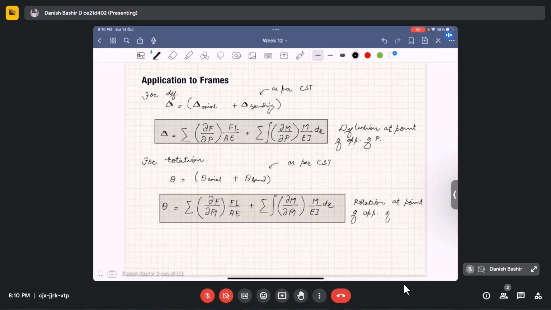Again, I told you that in beams and frames, axial deformations of the members are negligible. If they are negligible, then you can just ignore the axial terms.